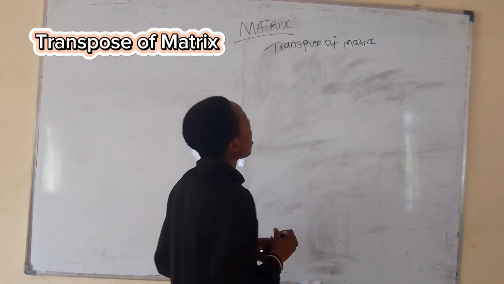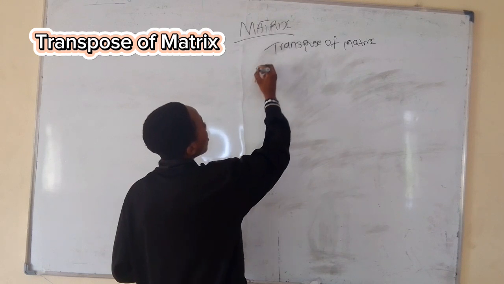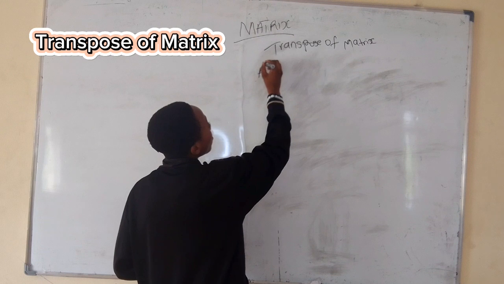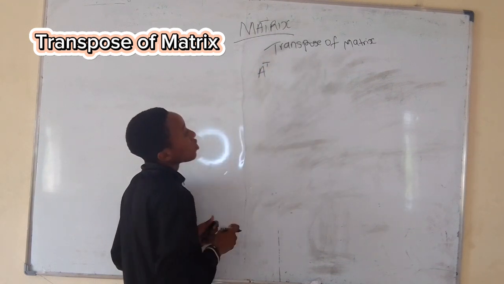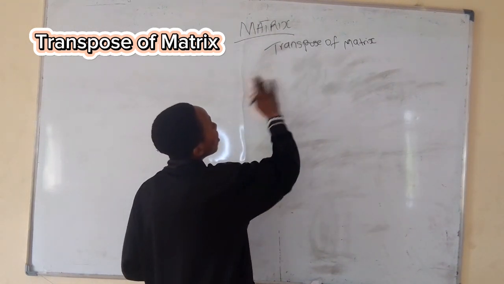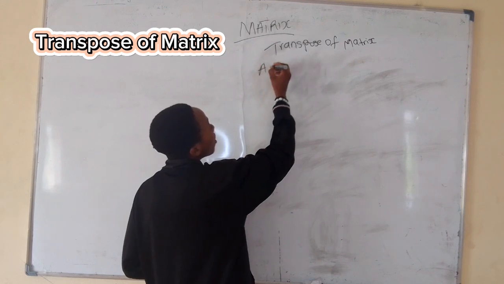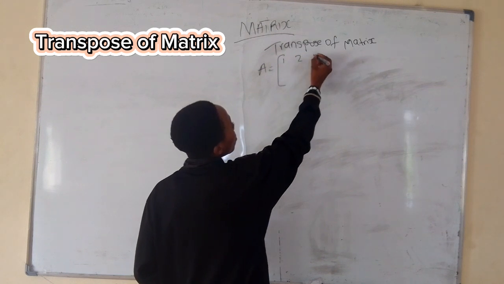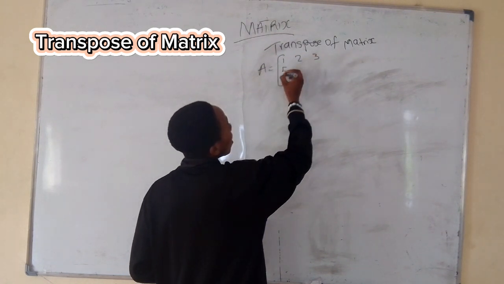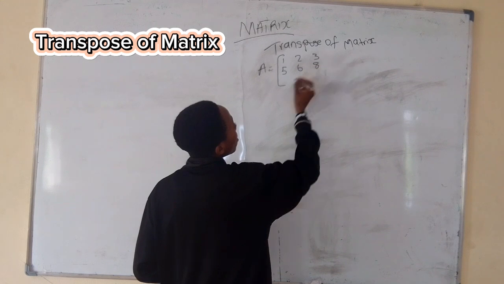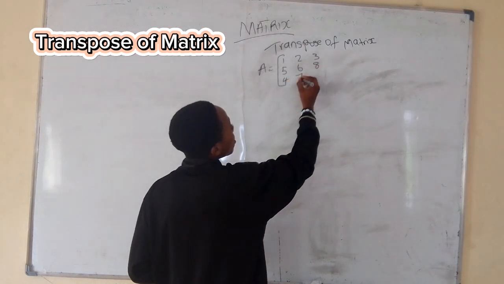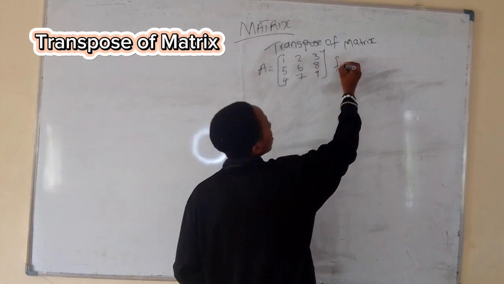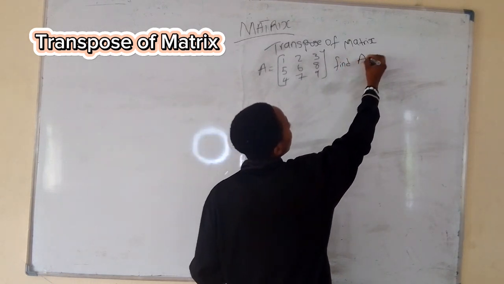That's what transpose is all about, and it is written as AT, which means A transpose. So you might be given your A as, let's say, 1, 2, 3, 5, 6, 8, 4, 7, 9. And then you have to find your A transpose.